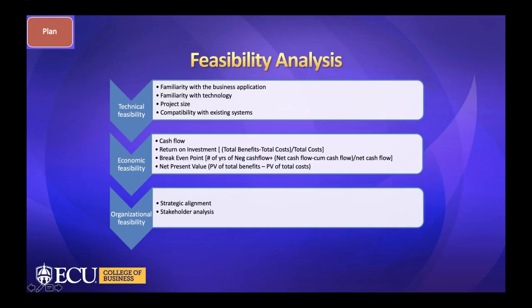For example, they might spend $2 million on an implementation, and maybe they haven't involved the business people enough, or haven't thought of the business processes sufficiently. So the people in the company end up not using this newly implemented technology. It's very important that stakeholder analysis is done to make sure that people are involved sufficiently in the implementation, so that the right thing is implemented in the right way.